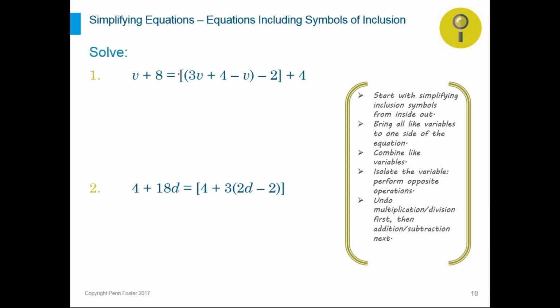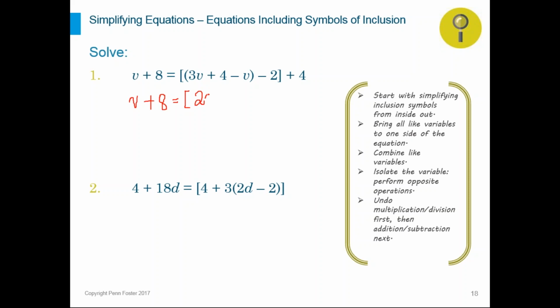Let's start. The left-hand side doesn't have any signs of inclusion, so it's going to be the same thing, v plus 8 equals 2. Parentheses will be done first. Inside those parentheses, I have 3v and a minus v. These are like terms, so combine them. I still have my brackets, but I'm working on my parentheses. So 3v minus v is going to be 2v.